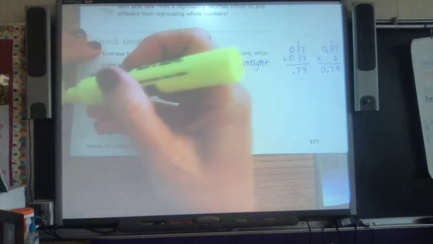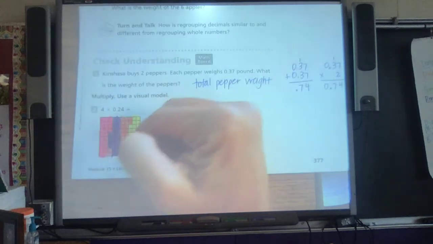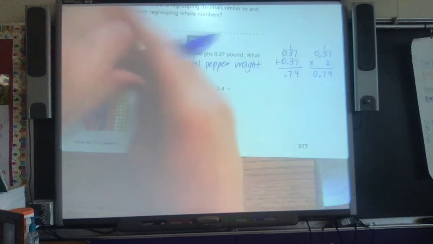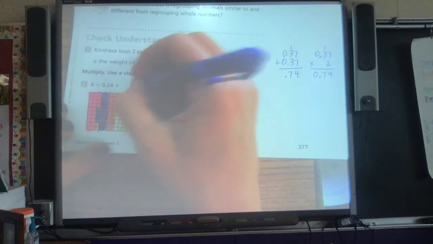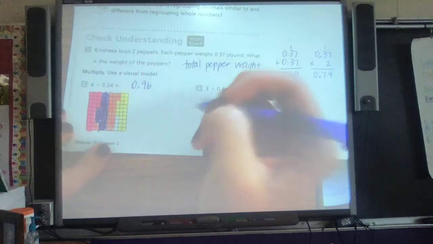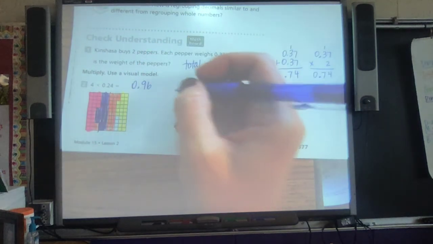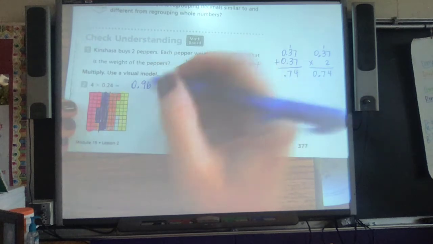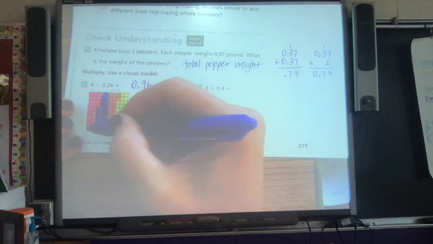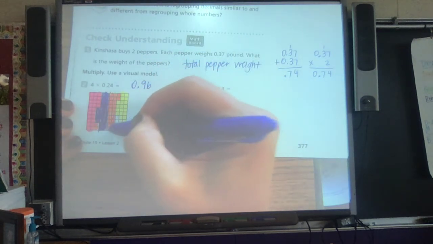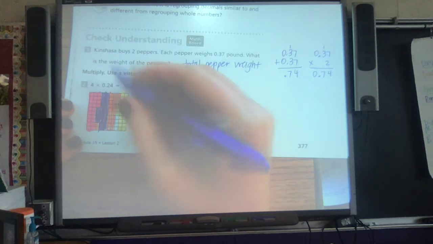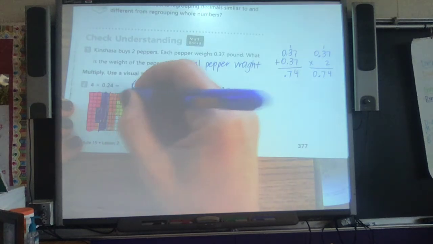And I filled in almost all of them. I only have 4 left over, and I know 100 minus 4 is 96 hundredths. I can absolutely count them all. I know I have 10, 20, 30, 40, 50, 60, 70, 80, 90, 91, 92, 93, 94, 95, 96.